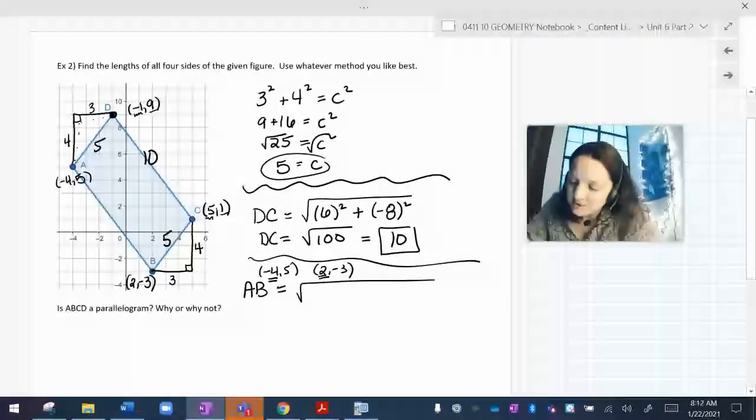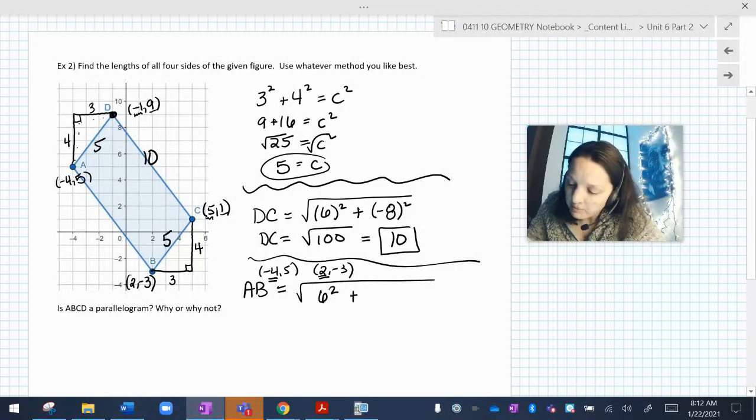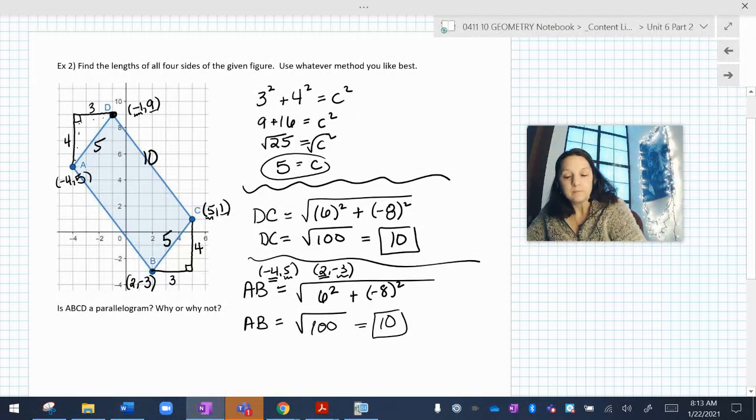Change in x becomes 2. That's 6 more. Let's see. 5 becomes negative 3. That's down 8. Hey, it's the same thing I had for DC. So AB is again going to be the square root of 6 squared plus 8 squared. Square root of 100, which is 10.